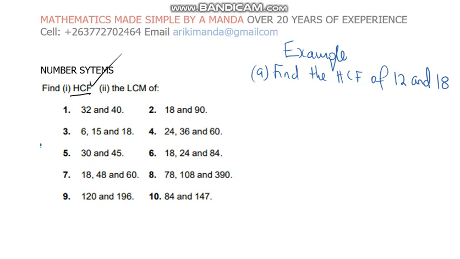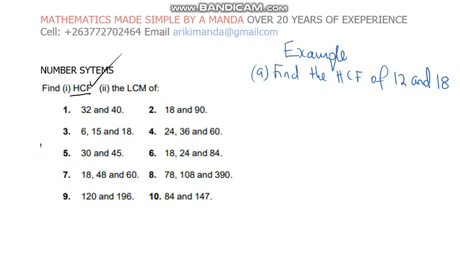And take note, when we're finding the HCF of two numbers, we're going to divide the given numbers by prime numbers only. I'll repeat, we're going to divide the given numbers by the prime numbers only. And don't forget our prime numbers. I can just try and list down a few.